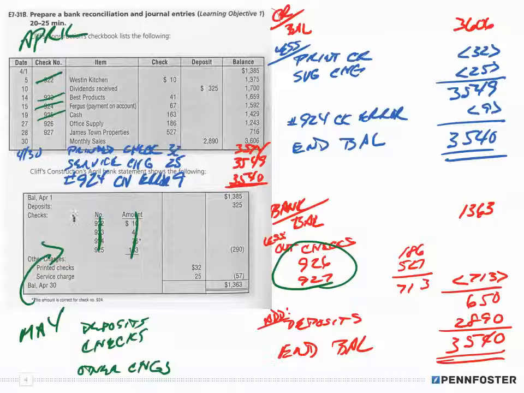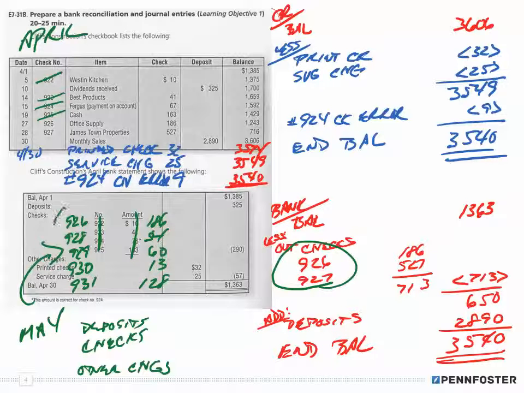Let's say check number 926 actually clears the bank, and that's in the amount of $186. And then let's say the next check is 928 for 54, 929 for 60, 930 for 13, and 931 for 128. All right.